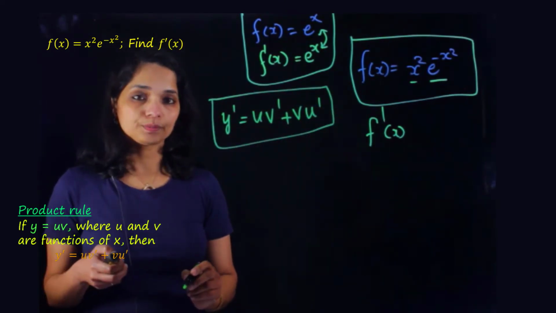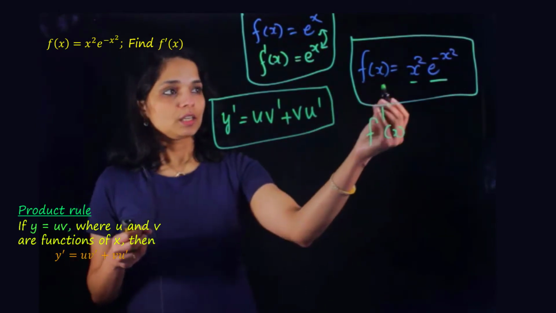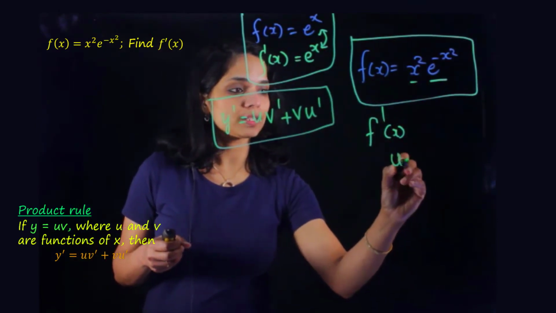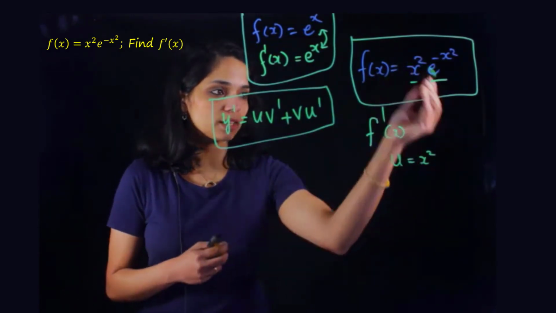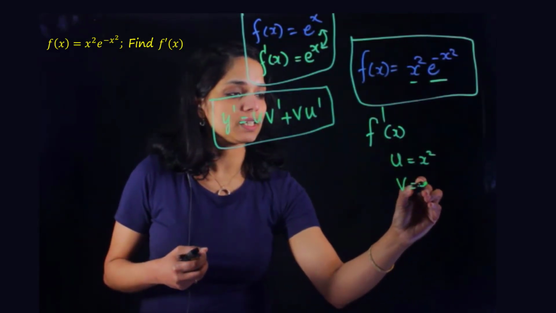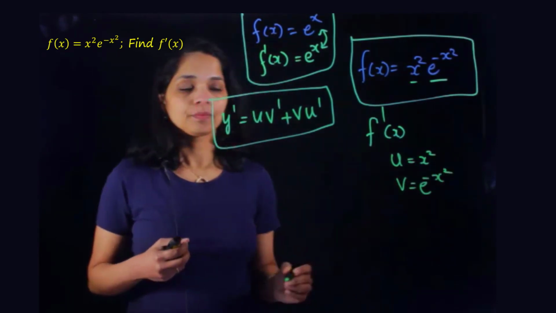This is the product rule. So first, u = x². It doesn't matter which one you choose, but if you choose one as u, the other is v. So v is e^(−x²).